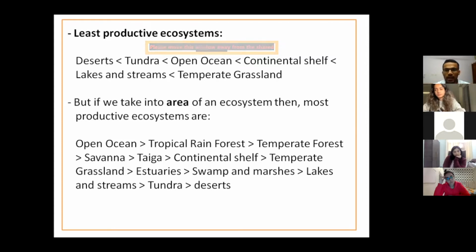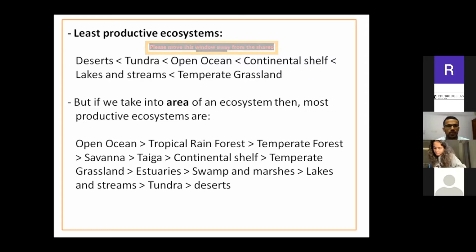They have the largest area, and that's why the productivity of the open ocean, if we take into account the area, is more than any ecosystem in the world. Fine. I hope this point is clear to you. Fine. So this is about the productivity of different ecosystems.